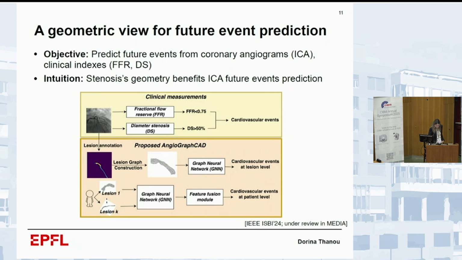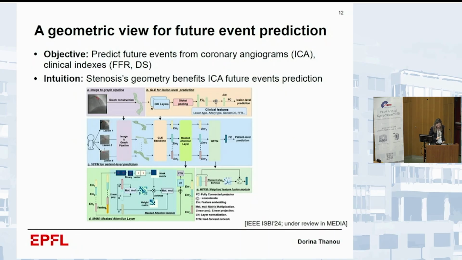I will not go into much detail on the modeling, but just to give you an overview of how it looks for those who are more interested in the technical aspect. We start with images, we construct a graph that will capture the narrowing of the arteries. We design a lesion-level prediction that is based on graph neural networks. We introduce clinical features there that are related to age, gender, et cetera, and then we have a score at a lesion level.